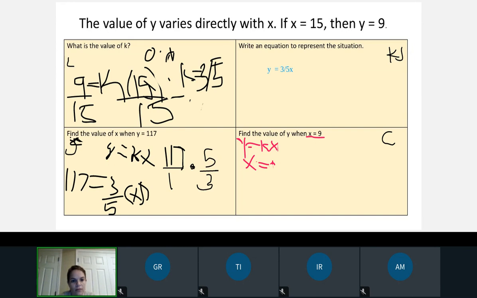We want to leave y. So what we're going to do, we're going to rewrite this equation right here, but we're going to plug in the information we know. Okay, so we don't know y because our problem says find y. So we're going to leave y alone. What was our value for k, Cheyenne? Do you remember? Look back up in the top left corner. What's the value for k?